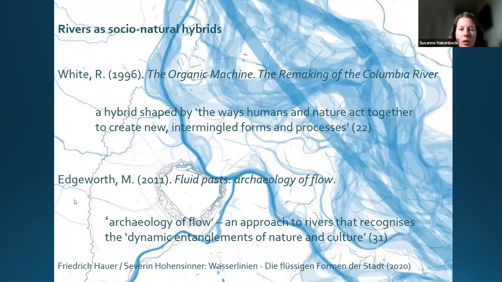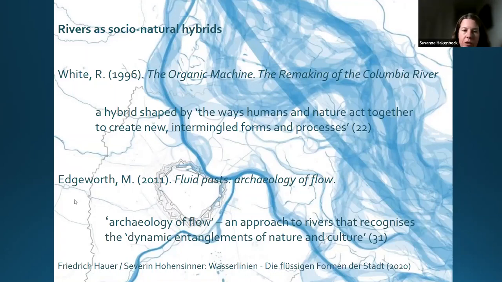One book that I found very helpful was the book by White called The Organic Machine, The Remaking of the Columbia River. And just to pull out a phrase from that book, he thinks of rivers as a hybrid shaped by the ways humans and nature act together to create new intermingled forms and processes.